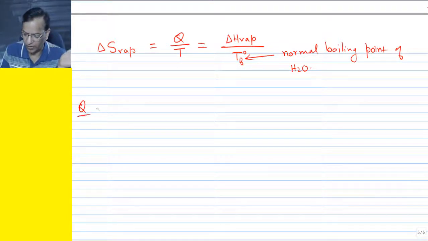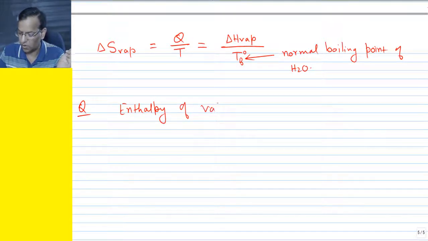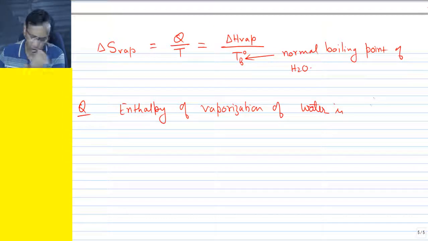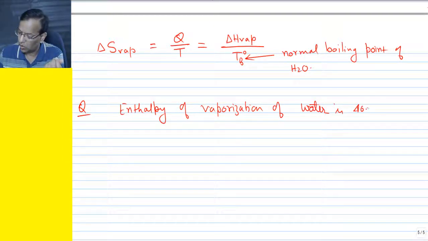So suppose we have been given that enthalpy of vaporization of water is 40.2 kilojoule per mole.